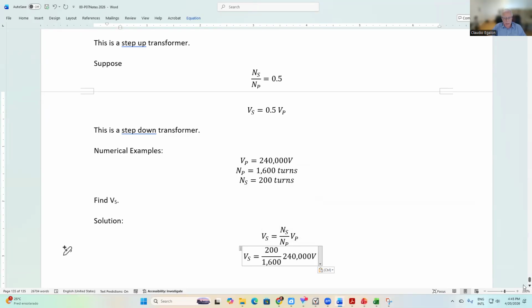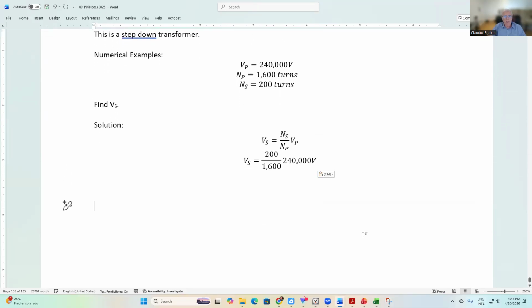It doesn't look like we're going to be able to go down to 220 or 110. In order to go down to 110 or 220, we need a ratio of 1,000. Yeah, that's what we need, a ratio of 1,000.